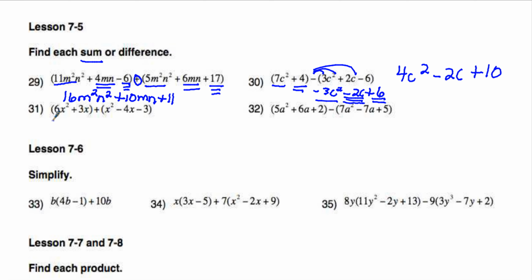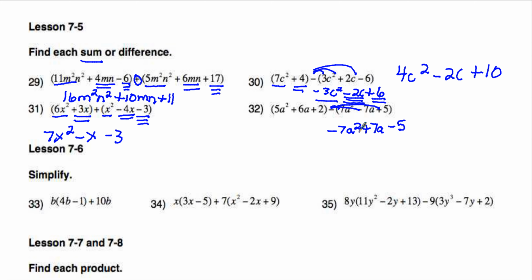Okay, then here we're adding again, so I don't even have to distribute. I'm just looking straight at my like terms. I get 7x squareds. I get 3x minus 4x, which is negative x. And then this is a standalone constant, so minus 3. Here I'm going to distribute through again, and we're going to rewrite. So I'm going to get negative 7a squareds plus 7a and minus 5.